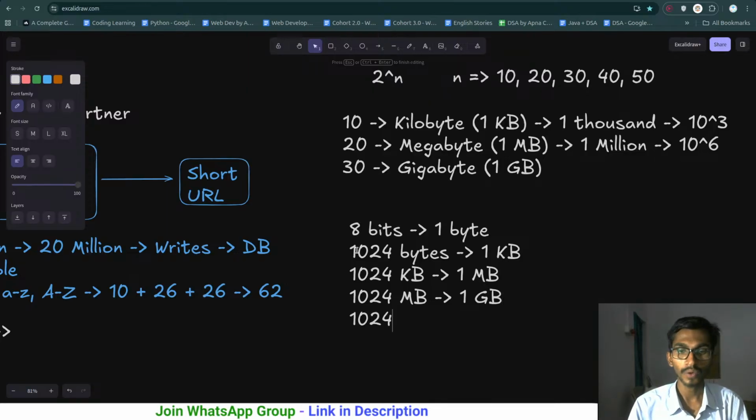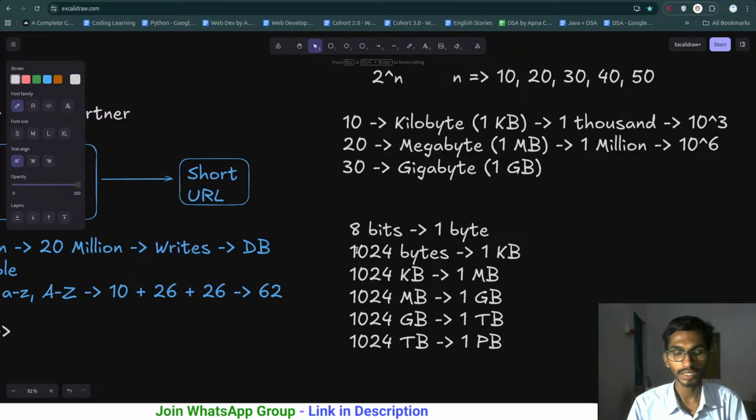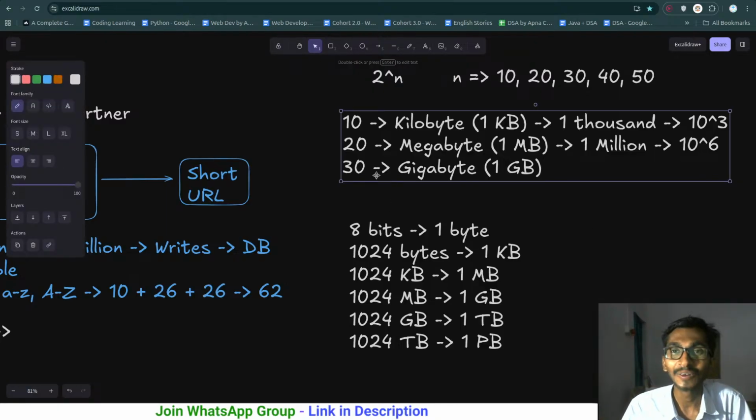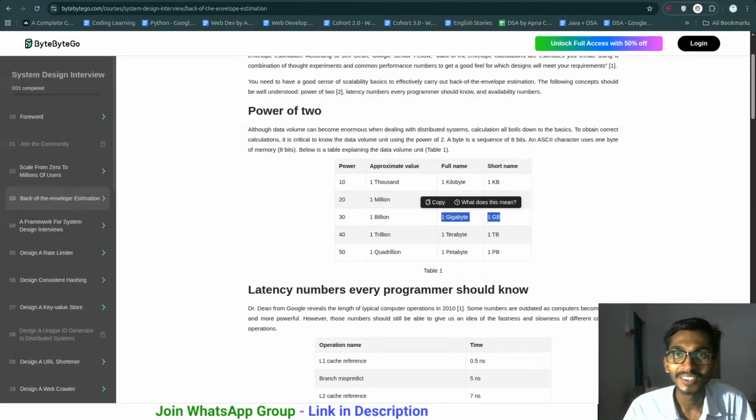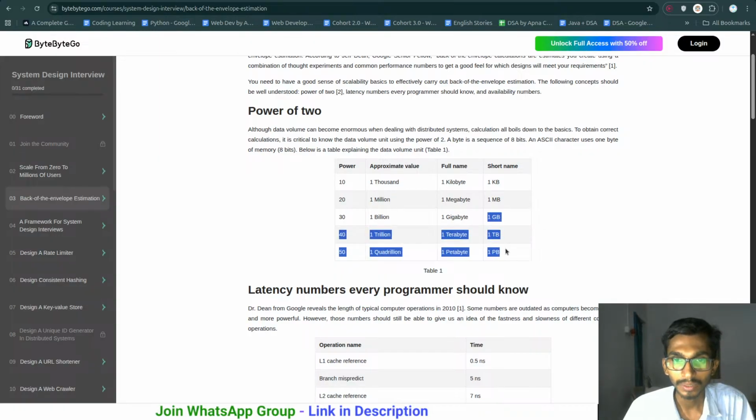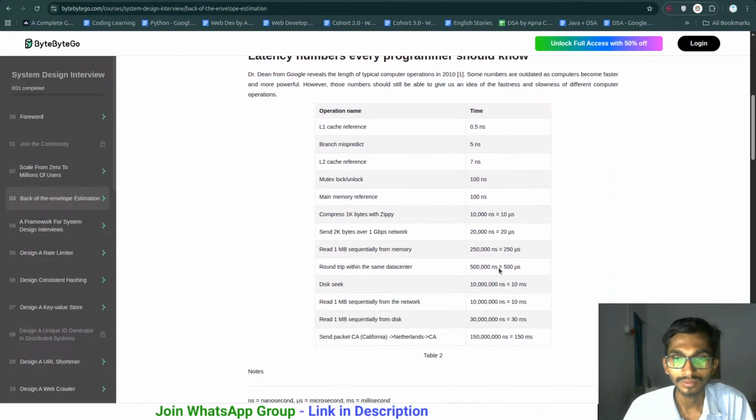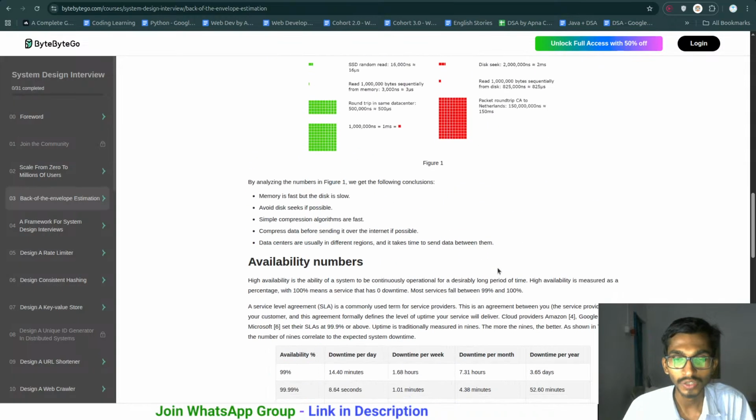Then 1024 GB is 1 terabyte. And 1024 TB is 1 petabyte, PB. I don't know what goes after this. So GB, TB, PB, and then we have even exabyte, EB. That's not mentioned here, and it should have been.